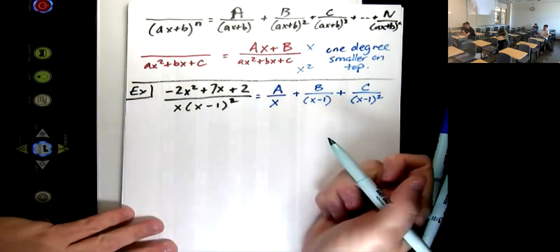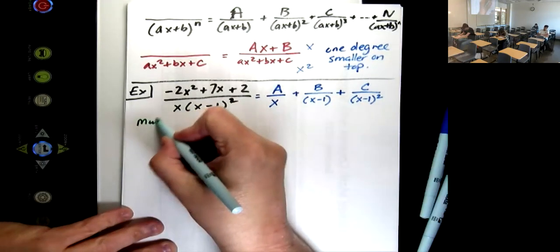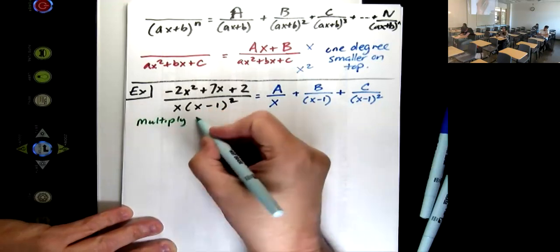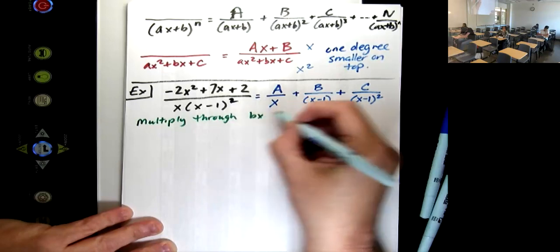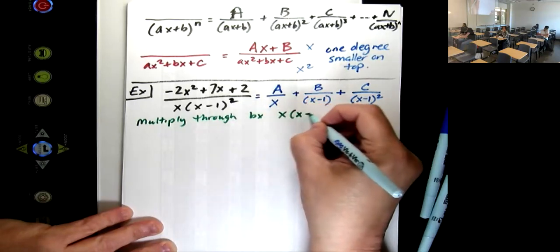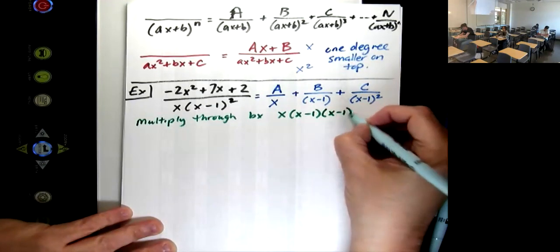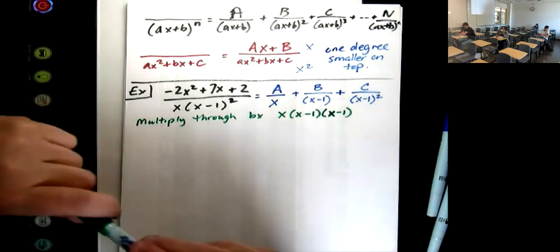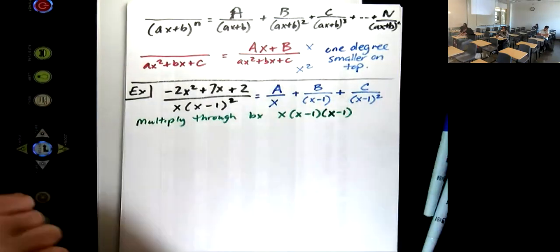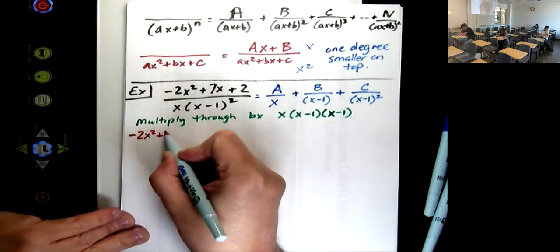So, same process. Multiply through by the denominator. I'm going to spell it out a little bit easier because it might be easier to show what you get on top. That's my left side.